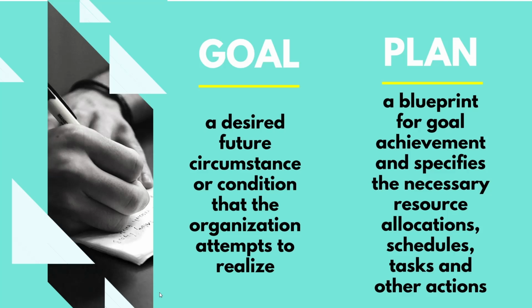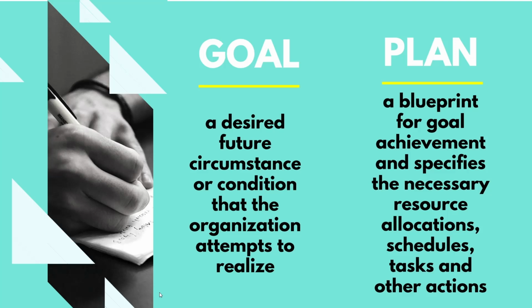So what is a goal? A goal is a desired future outcome that the organization wants to achieve. Let's say, for example, a company might set a goal to become top-selling brand in their industry within 5 years. So goals give directions and purpose to all of the planning efforts. A plan, on the other hand, is the blueprint for how to achieve that goal.